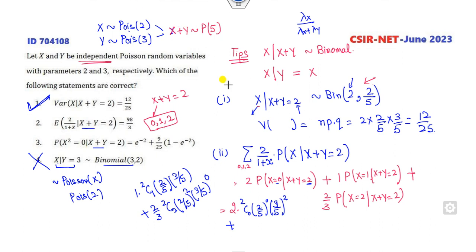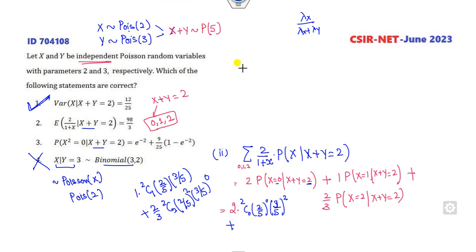So what is the right answer of this? If I write it for you here, the first part is 2C0 is 1, so it is 2 into 9 over 25, plus 2C1 is 2, so it's 6 into 12 over 25, plus 2 over 3 into 4 over 25.